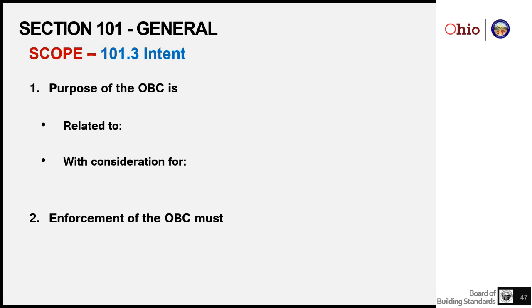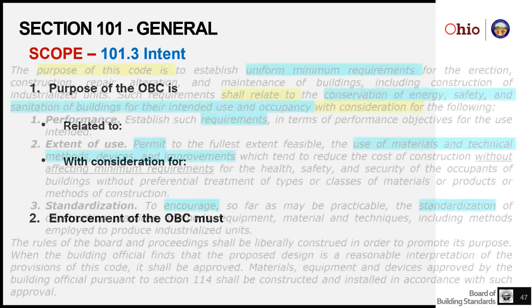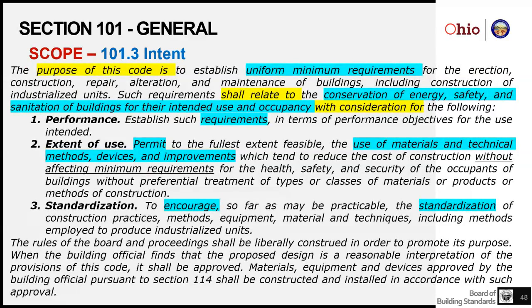So this is direction and guidance to those people that are enforcing the OBC. This gives some insight to owners and designers about what the words mean and what they can expect from enforcement authority. So when we talk about the purpose of the code, it's about creating uniform minimum requirements in the OBC.